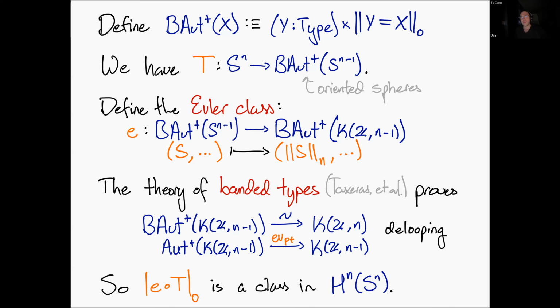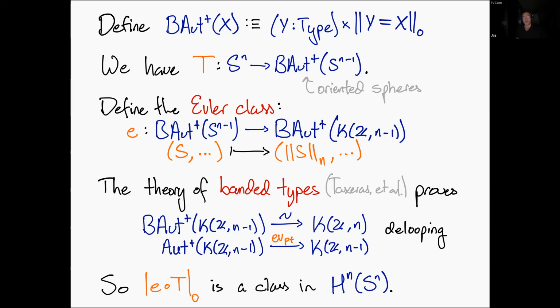If you map into B O-dd plus S^(n minus 1) from any type, that is an oriented sphere bundle, and if you push forward by this, you get an element mapping into this other type, right? But thanks to the theory of banded types, which is done by Jarl Taxerås and all my other co-authors, we have an equivalence here that proves that this funky type B O-dd plus K(Z, n minus 1) is in fact itself a K(Z, n), in particular in a way that deloops this particular function that takes an automorphism of K(Z, n minus 1) and evaluates it at the base point, right?